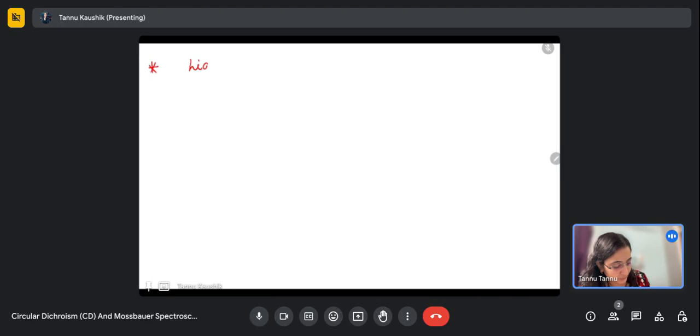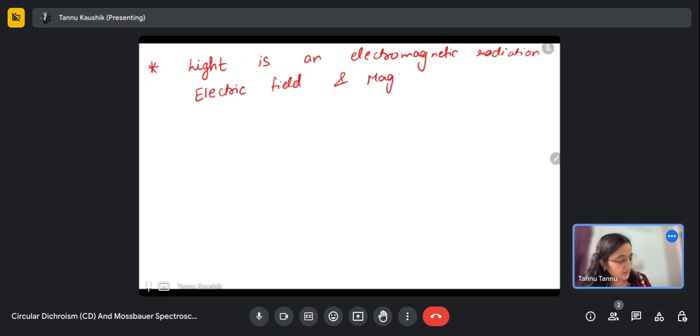So as we know, light is an electromagnetic radiation with its electric field vector and magnetic field vector perpendicularly associated with each other.